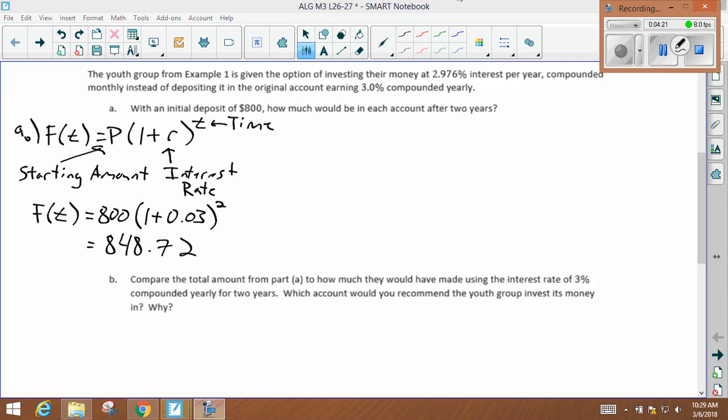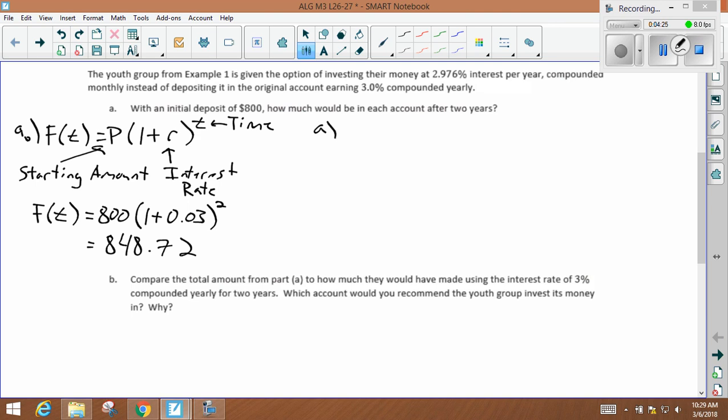Alright, so now we can do A. And now look, it's asking us to do something different. Did I use the wrong interest rate? Okay, monthly.